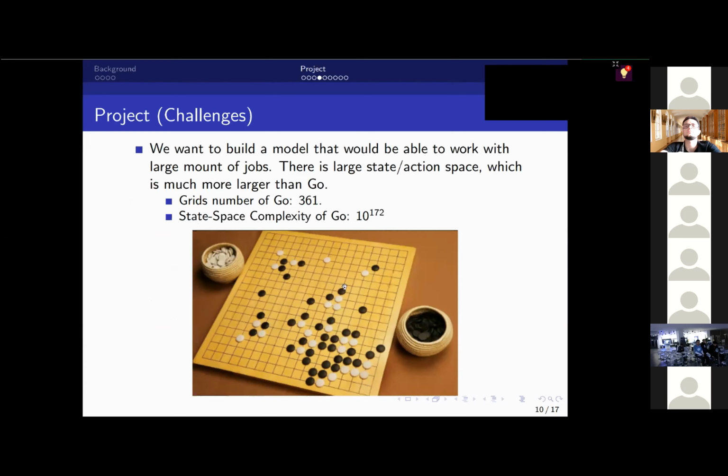That will take a lot of time. And therefore, what we do is we separate the children into classes, into groups, and for each group we have one teacher. This is a kind of heterogeneous approach.